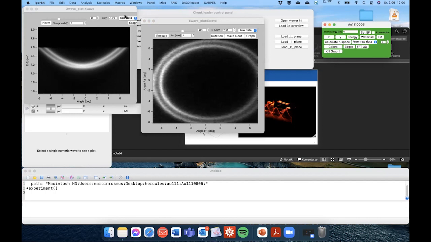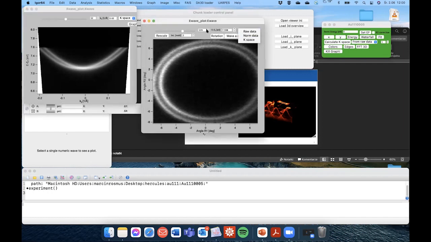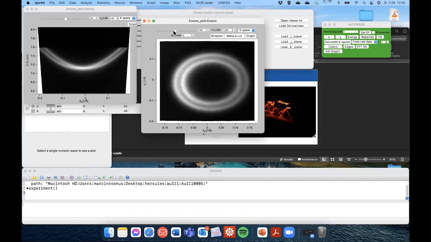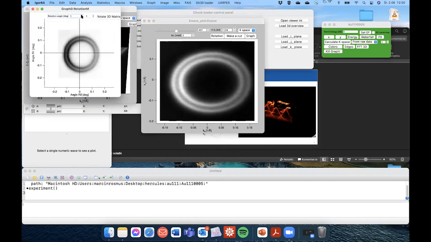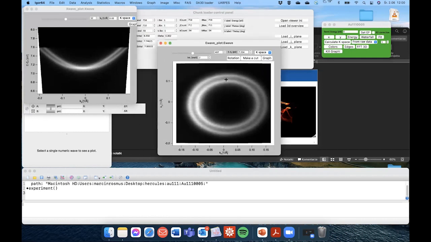Okay, so the calculation is over, and we can see our measurement in the k-space. You can see this characteristic distortion at this black background, and it's similar here. Okay, as I said, we can rotate this data. We can set arbitrary interpolation.